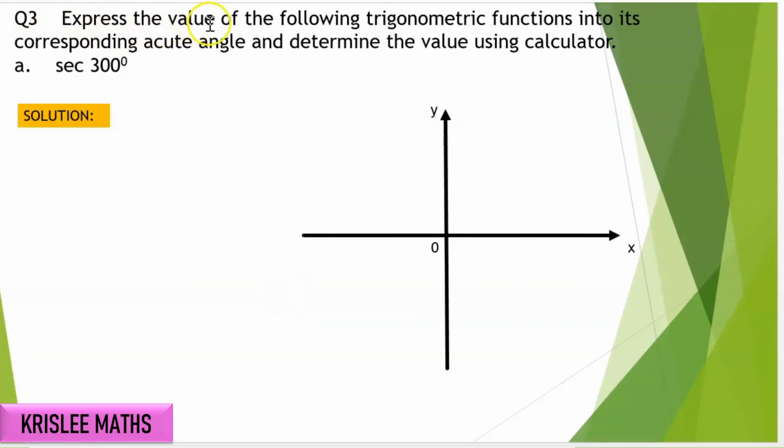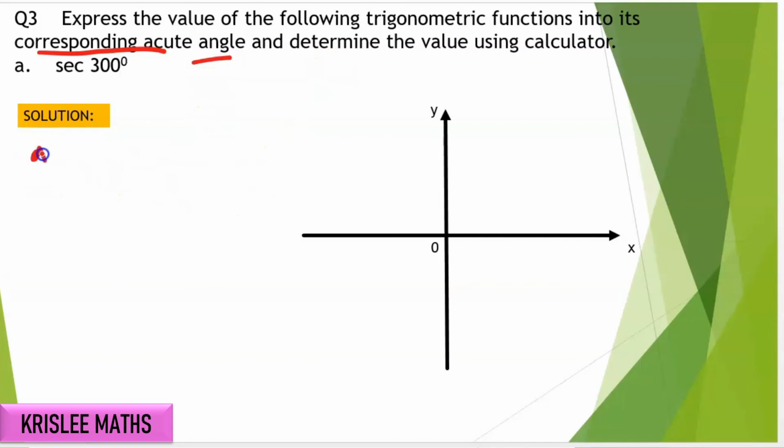Question 3. Express the value of the following trigonometric functions into its corresponding acute angle and determine the value using a calculator. First we have to express the trigonometric function into its corresponding acute angle, then we can use the calculator to find the answer.